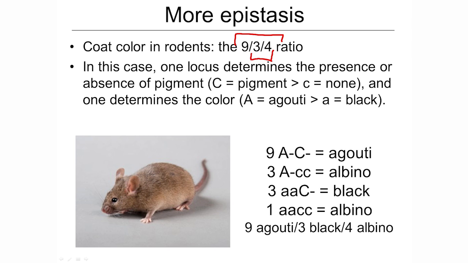So in this case, it's sort of similar to what we saw before. One locus determines the presence or absence of pigment, like that switch, just like before. Big C means turn it on, let's see what you got. Little c means shut it off. The other one determines what color will be made. This is very similar to the situation we just saw, except for one thing. The big A allele gives a color called agouti.